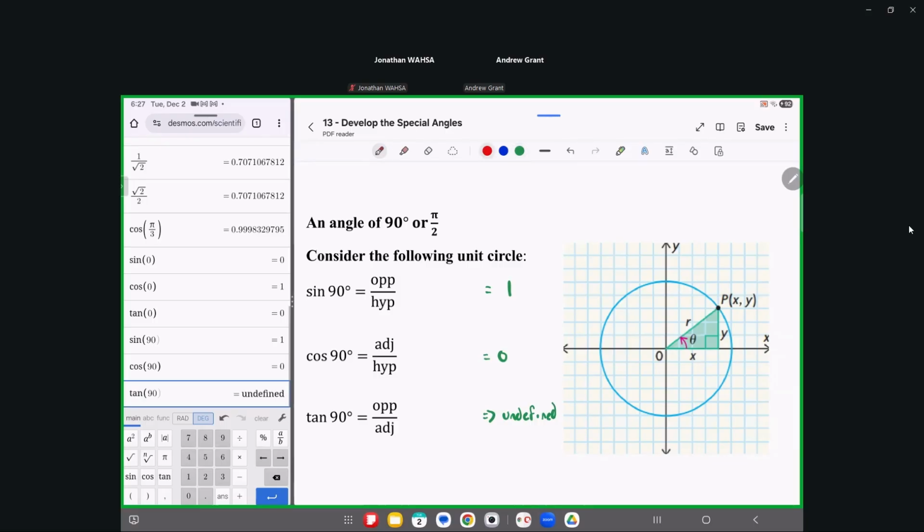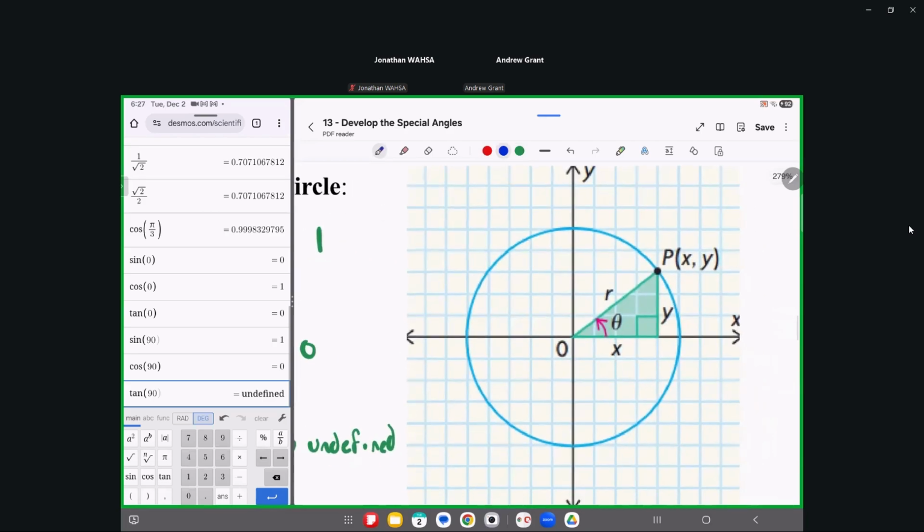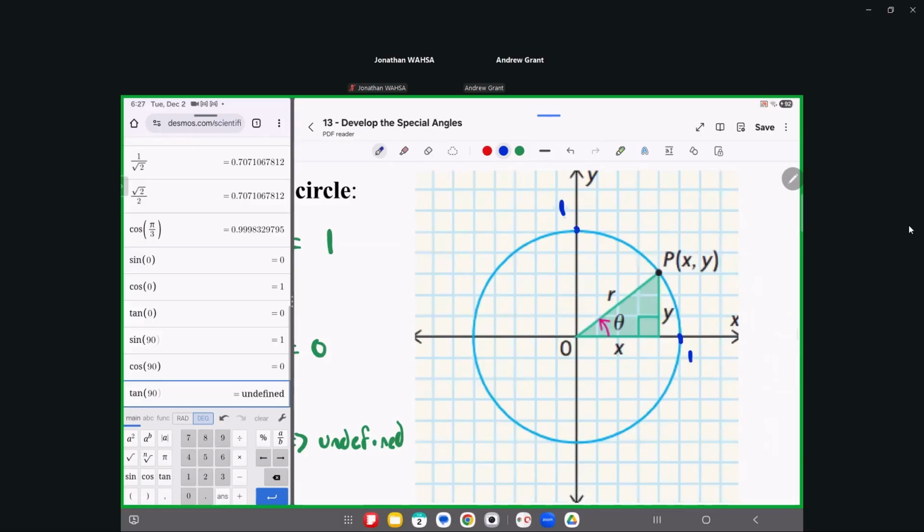So let's have a look. So in our diagram, we're going to make the same assumptions as before. We're going to make this a unit circle. And in fact, it doesn't need to be a unit circle, but it's easier to think about it that way. And what happens? So we're looking at theta as we approach 90 degrees. So we're taking this point P and dragging it up to the coordinate 0, 1.